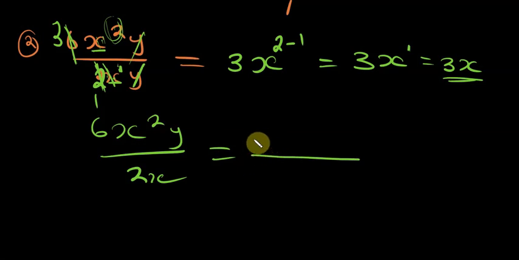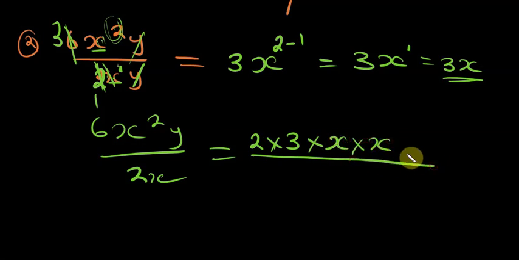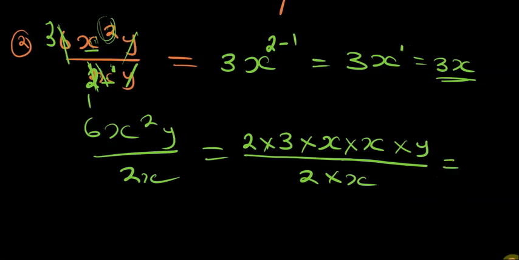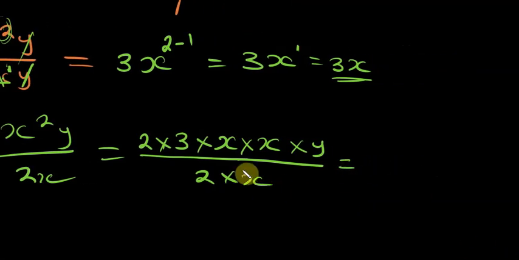In this case, we would write 6 as 2 times 3, multiplied by x times x, and then multiplied by y. Then in the bottom we'll have 2 times x. Look at like terms and cancel them out.